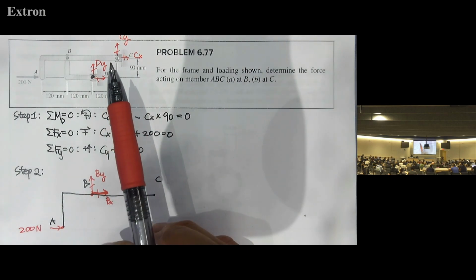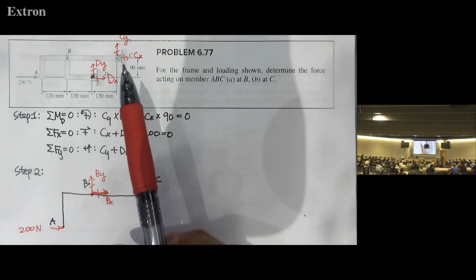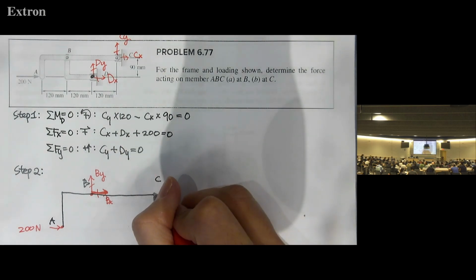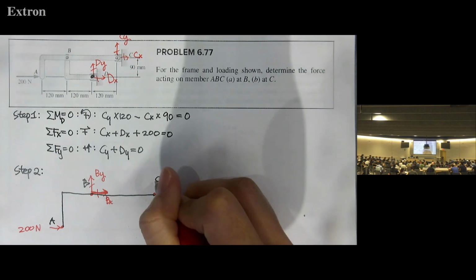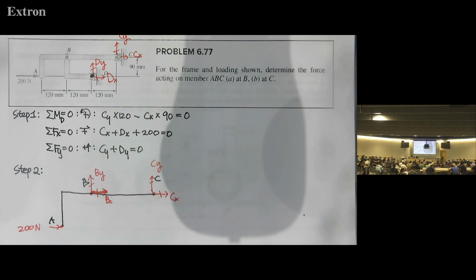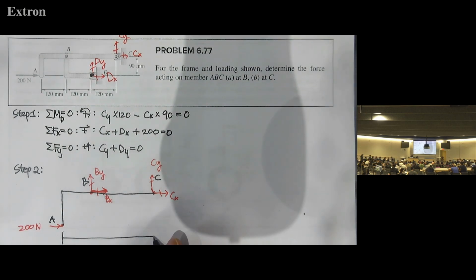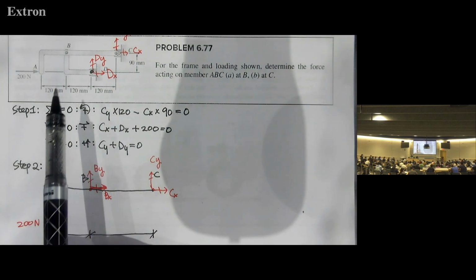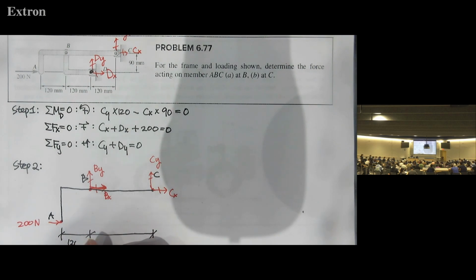The global free body diagram and the local free body diagram should be consistent, so we should use the same direction. So these 5 forces are all the forces on this local member. And now we need to add the dimensions here. Between A and B is 120 millimeters.